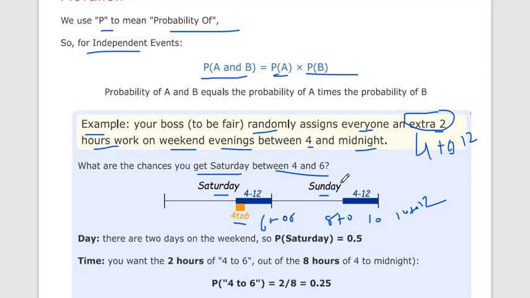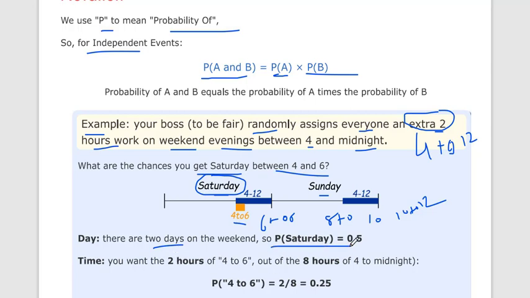They have asked what the chance is that you get Saturday, and in that Saturday the slot 4 to 6, extra 2 hours. So we have to find this event. First of all, let us start with the day, Saturday and Sunday. There are 2 days on the weekend.